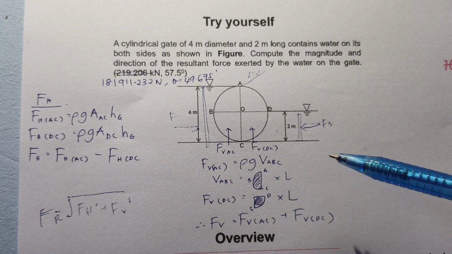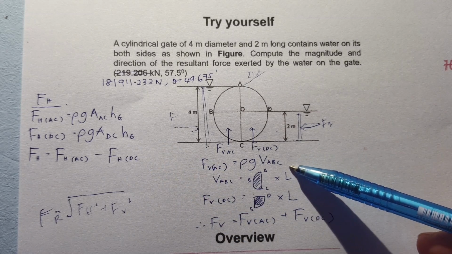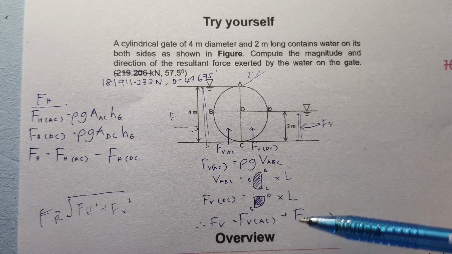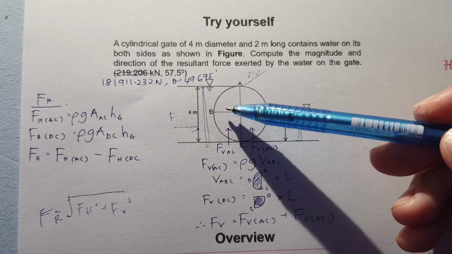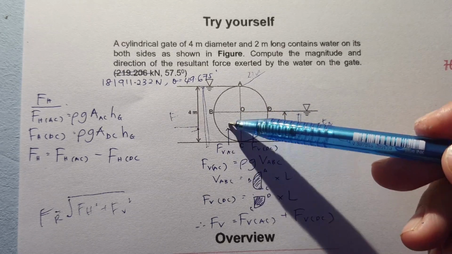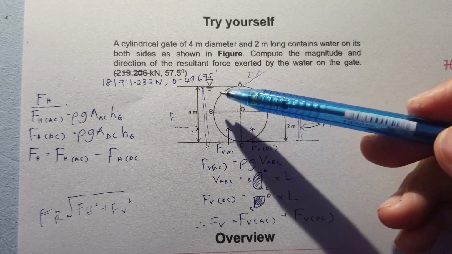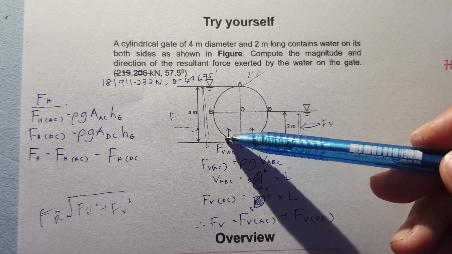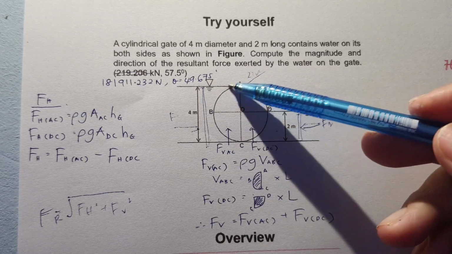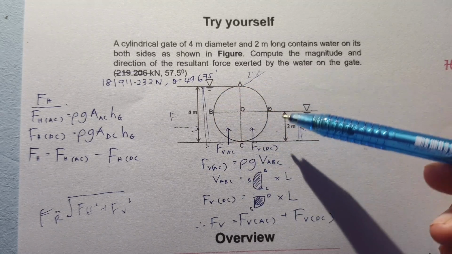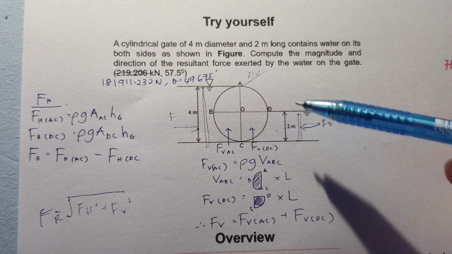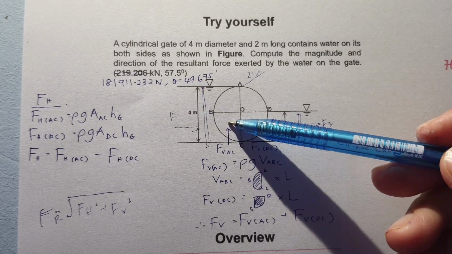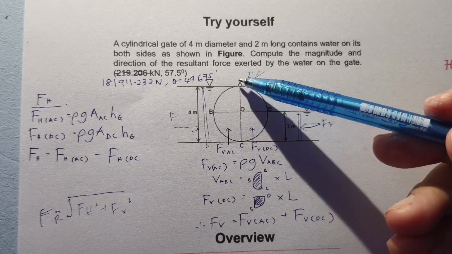So how to calculate force in vertical direction? Same, for both sides the force in vertical direction is upward, because remember this curve, I explained already in my lecture, plus another quarter here. So force in vertical direction is upward.